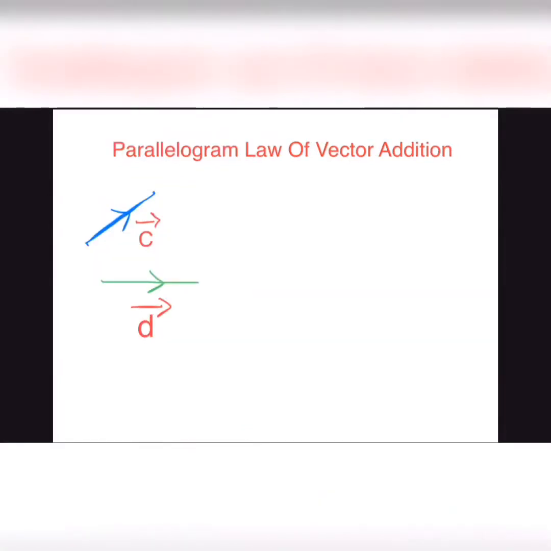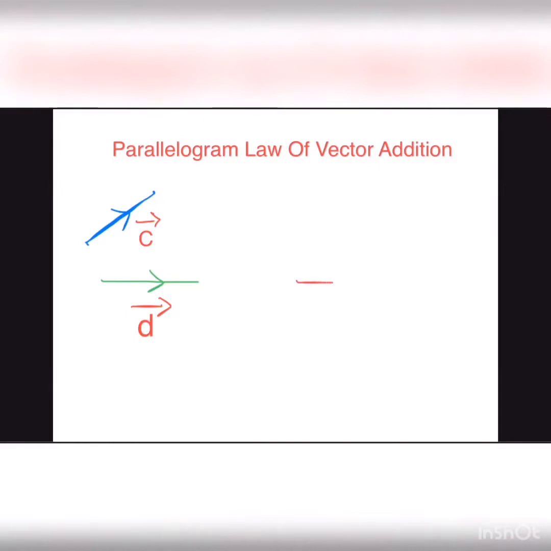Now suppose I ask you a question. If we are provided with two vectors, vector C and vector D, can we add them such that their initial points do not coincide? Can we add them? Yes, we can add them. We know we are dealing with free vectors, so we can parallelly displace vector C and vector D such that their initial points coincide.